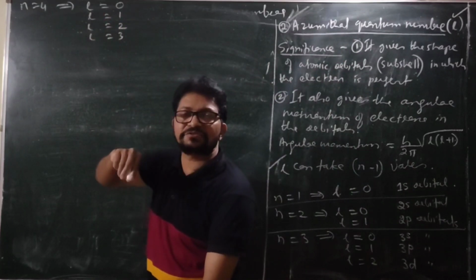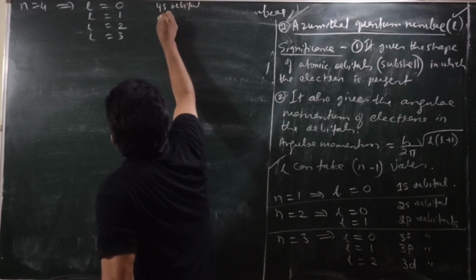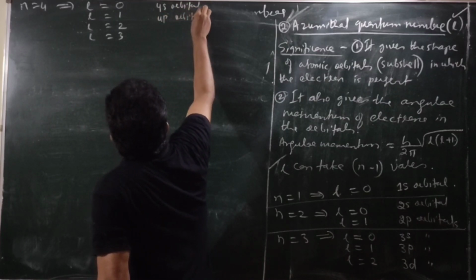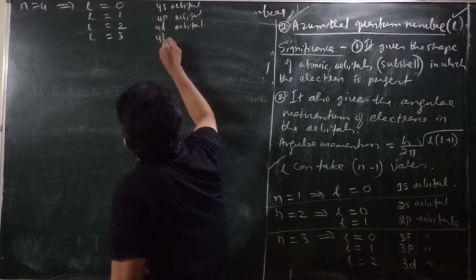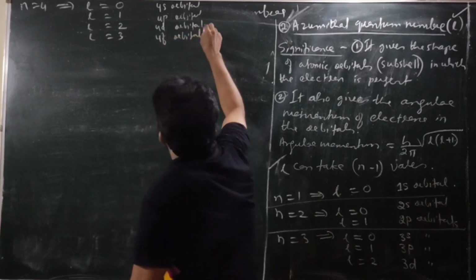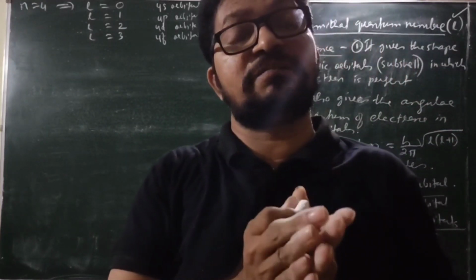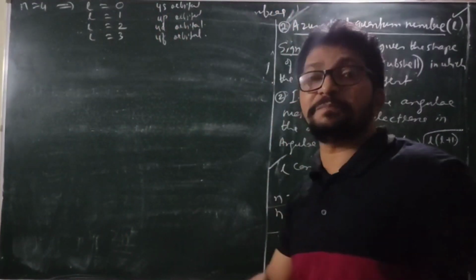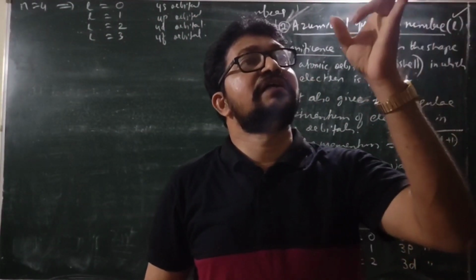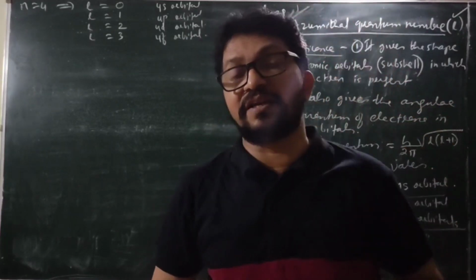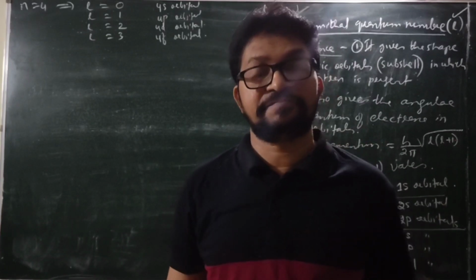Because I have told you, you understood now. 4s orbital, 4p orbital, 4d orbital, 4f orbital. See now, f orbitals begin from the fourth principal quantum shell. That means K, L, M, N shell. Till the M shell, the f orbital will not begin.